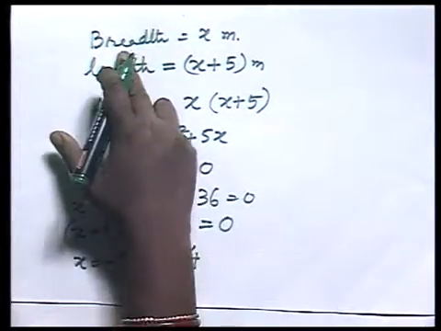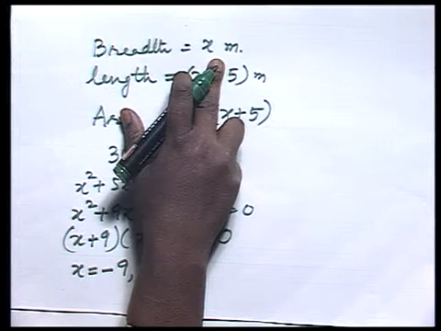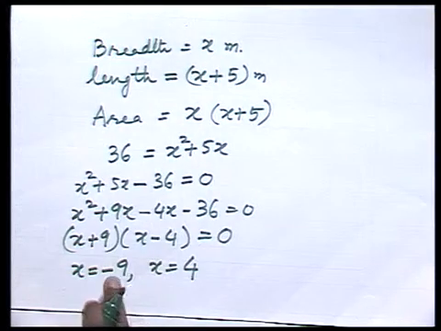But x being the breadth of the rectangle, it cannot be negative. So, we rule out this possibility, that is x is equal to minus 9, and hence we are left with the solution that x is equal to 4, that is the breadth of the rectangle is equal to 4 meters.